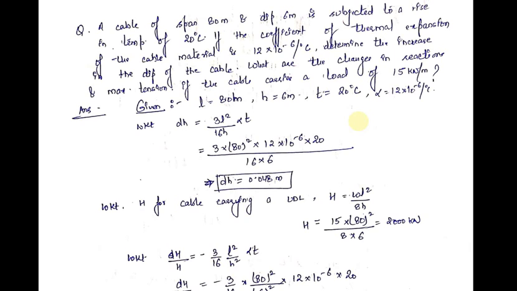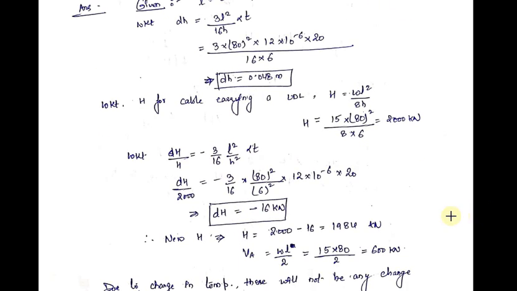Now the second reaction is the horizontal thrust. And we know that whenever there is an increase in the temperature, the horizontal thrust decreases, and the formula for the decrease in the horizontal thrust is minus 3 by 16 L square by H square into alpha L per T. So in this equation, we can now put the values and calculate the decrease in the horizontal thrust. The decrease in the horizontal thrust will come out to be minus 16 kilonewton.